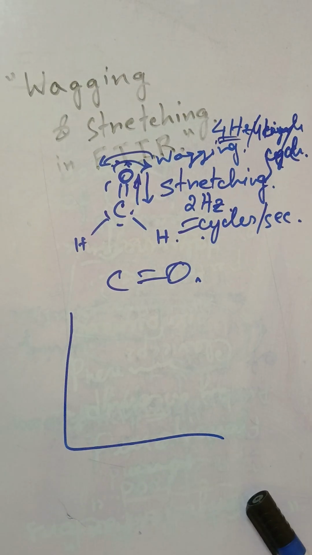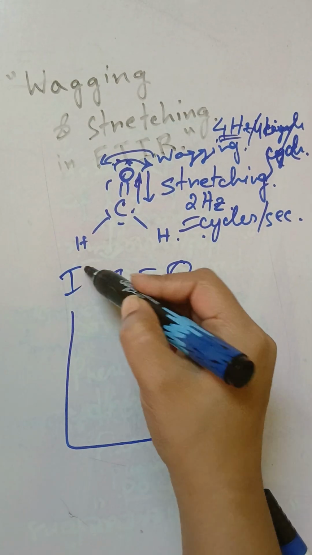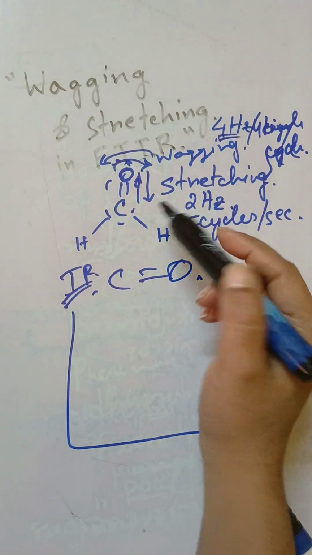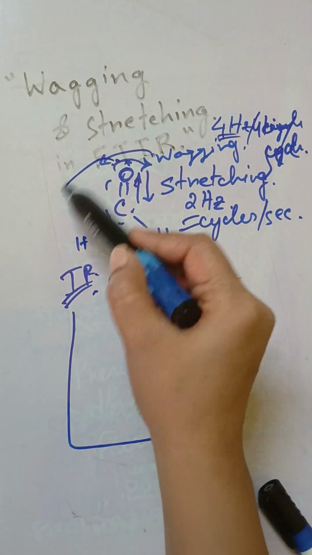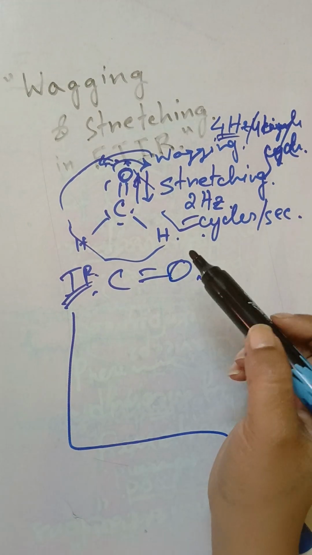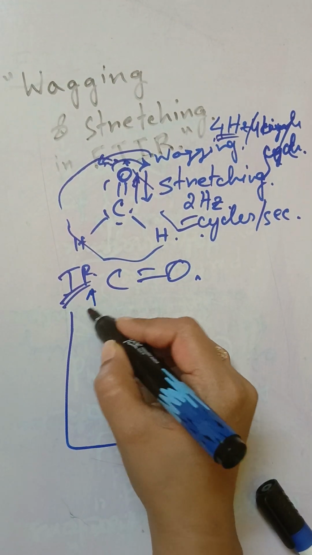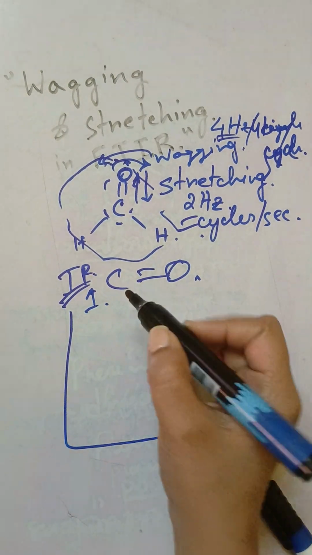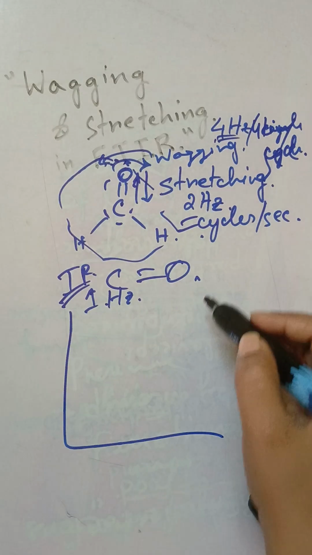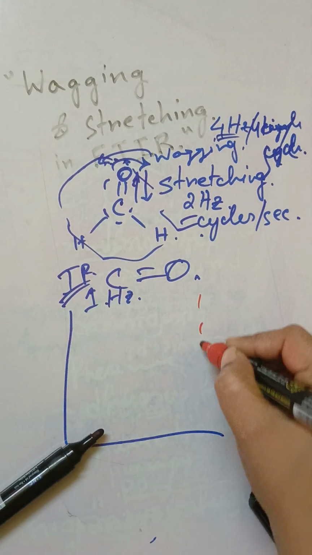Whenever IR, the infrared ray, hits the compound, the total compound, suppose the IR source has 1 hertz, the frequency of the energy is 1 hertz. Suppose this is a detector.